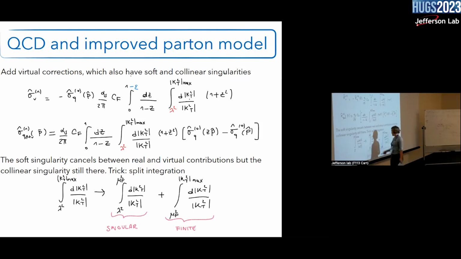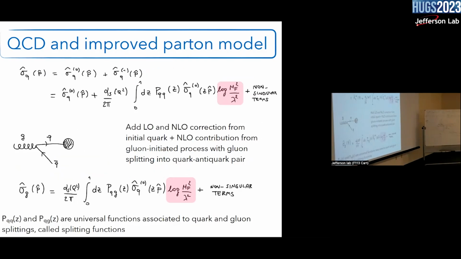This bit is singular, this bit is finite. So, exactly like alpha s, you absorb the finite bit into a redefinition of the Parton distribution functions. So you split the non-singular terms, let's keep them there for the moment.